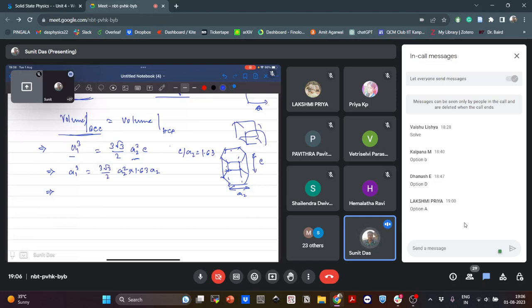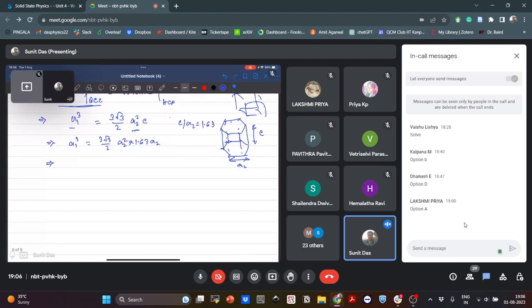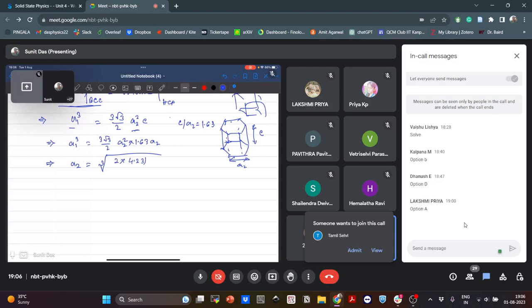And A1 is given by 4.23 Angstrom. So A2 will be cube root of 4.23 Angstrom cubed, and then 0.3 into 1.63.